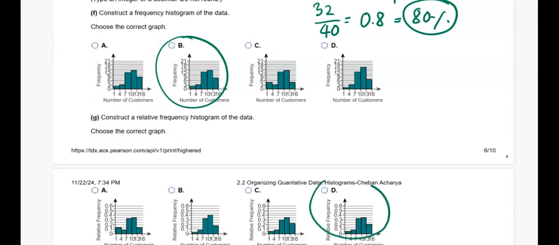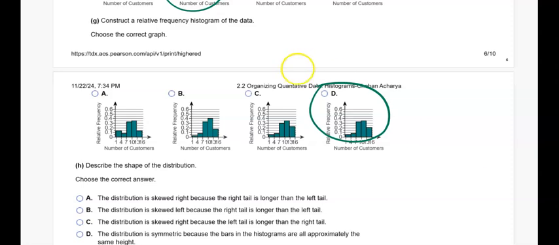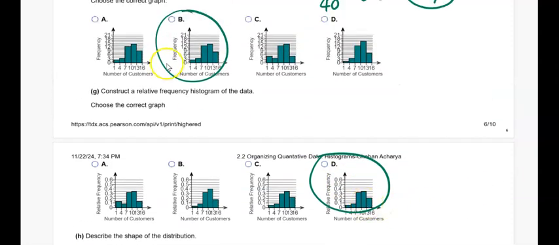Again, you need to match the relative frequency distribution table with the relative frequency histogram. So looking at this histogram, what do you conclude? Is the data going to be skewed right or left?